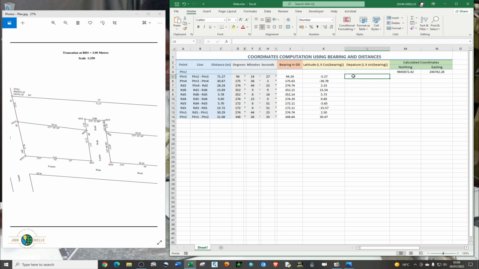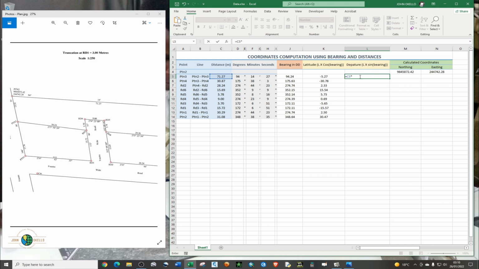We're going to calculate departure, and we say departure equals distance times sine. Our distance is 71.27.